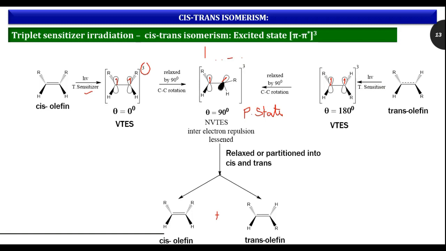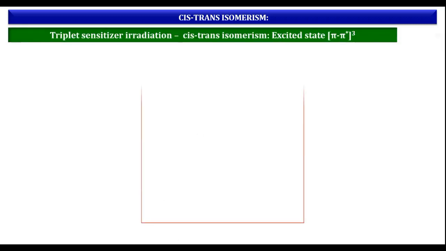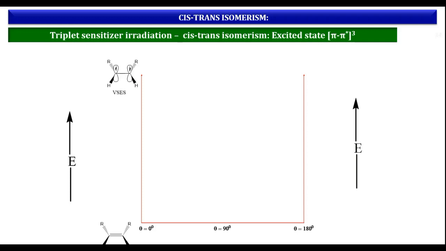So friends, let's see the energy profile diagram. Here this is the energy. We are taking theta equal to 0, theta equal to 90, and theta equal to 180. Theta equal to 0 means the cis molecule. On direct irradiation, the cis molecule gives the vertical singlet excited state. This vertical singlet excited state undergoes relaxation by rotation through 90 degrees and forms the non-vertical singlet excited state.